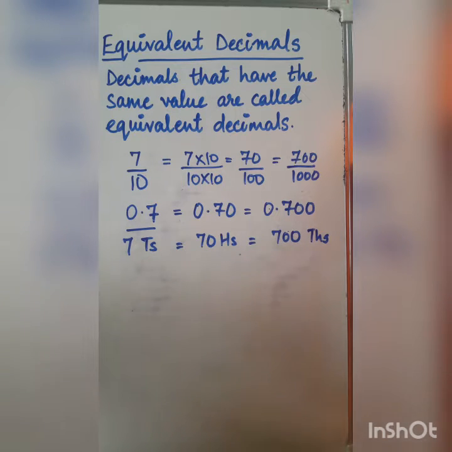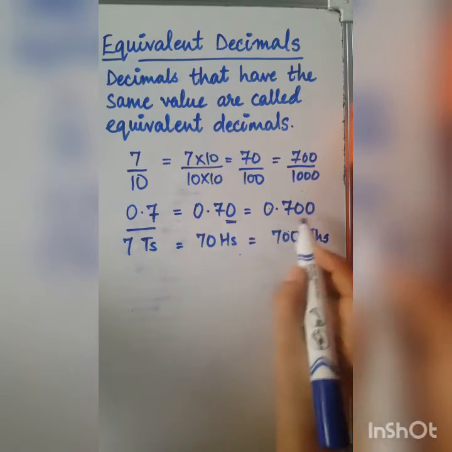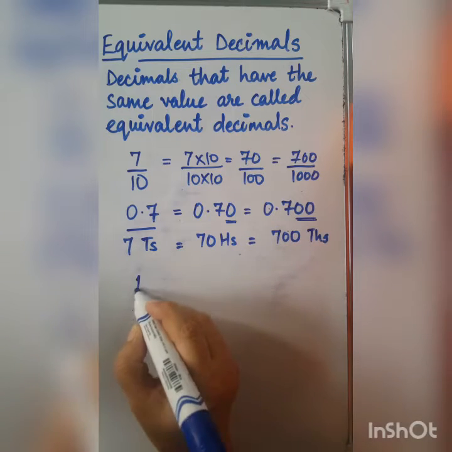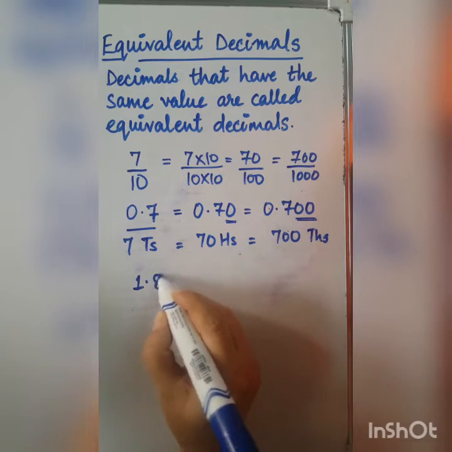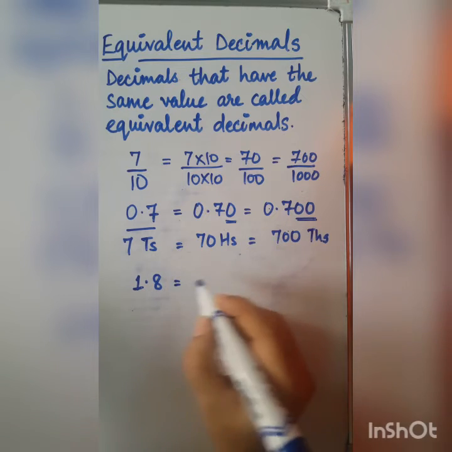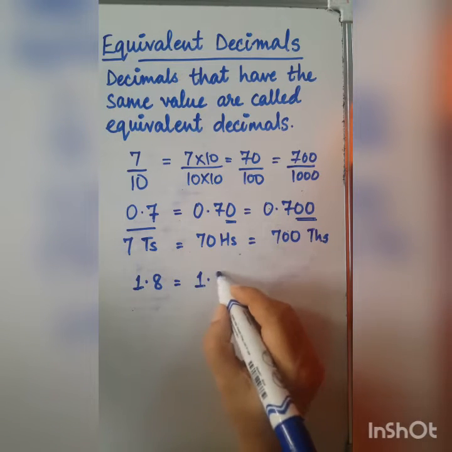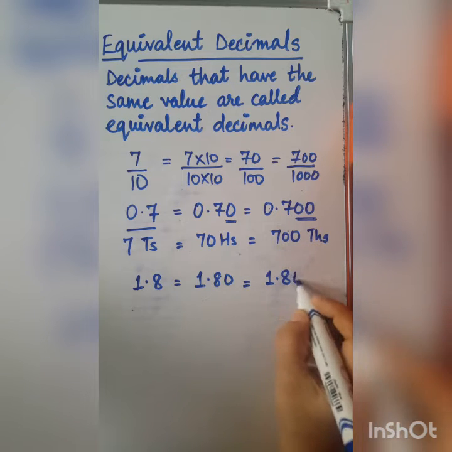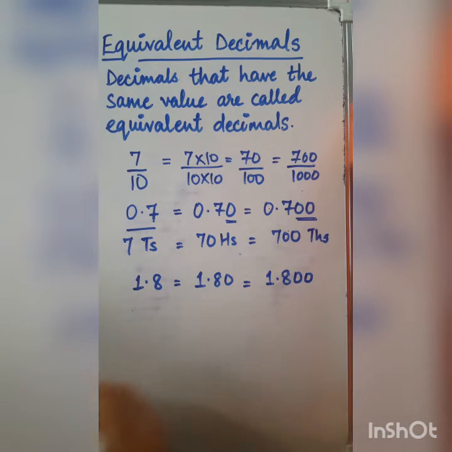So, this shows that writing 0 on the right hand end of a decimal number does not change its value. Therefore, in a similar manner, you can write 1.8 as 1.80 or 1.800. These are all equivalent decimals.